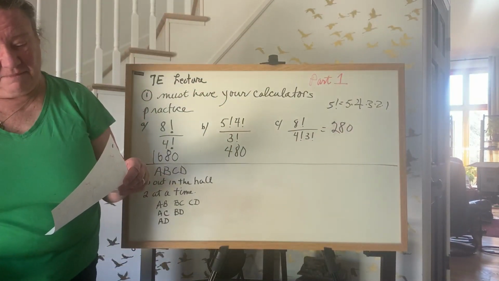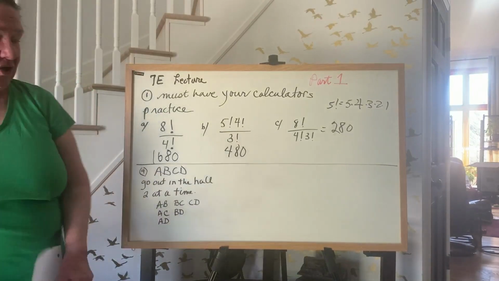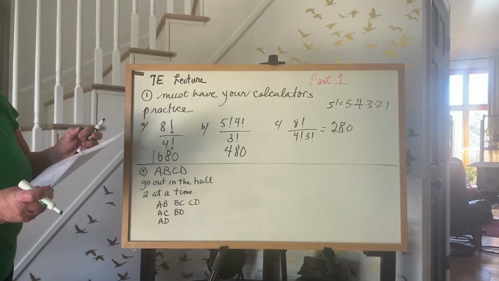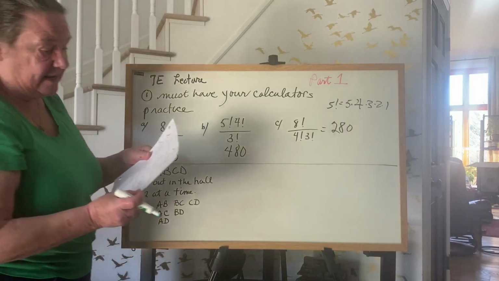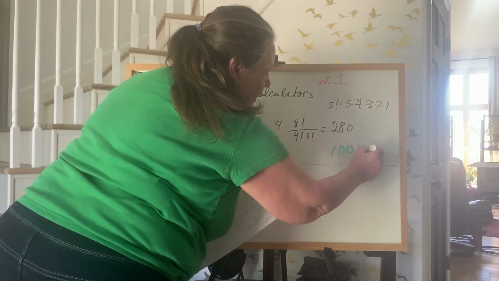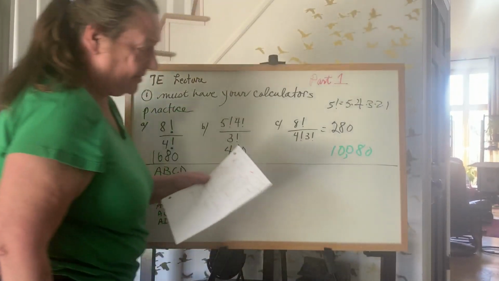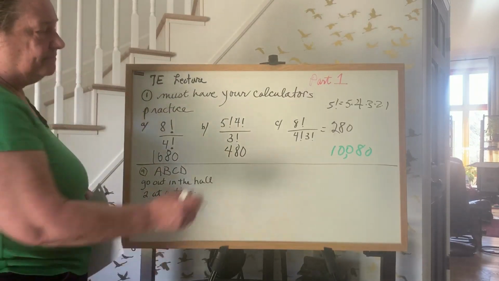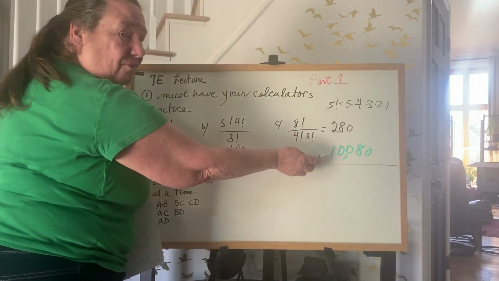Now, if you do it incorrectly, and this is a very common mistake, you will get 10,080, okay? And how do you get it wrong?